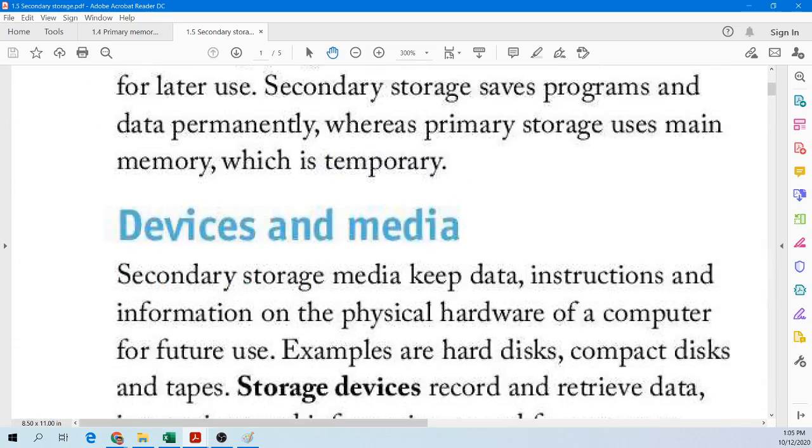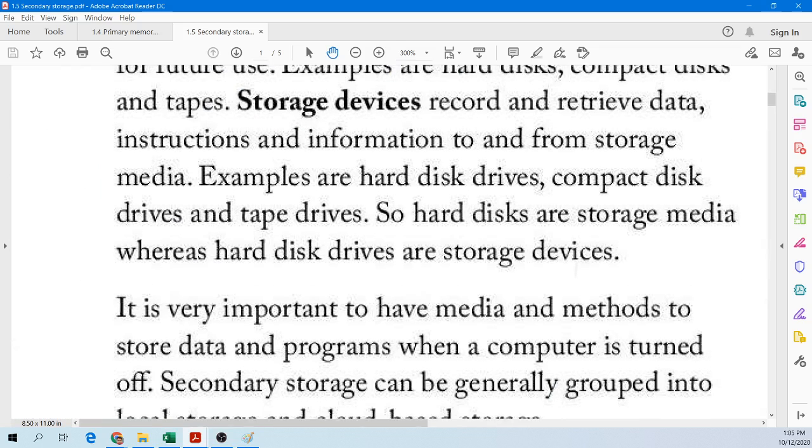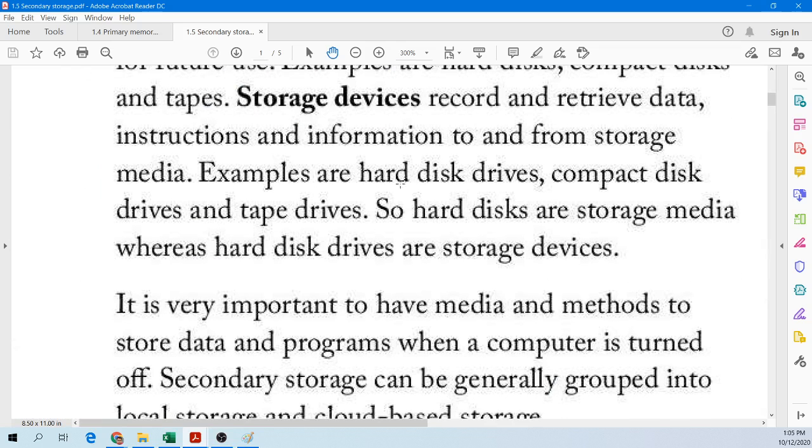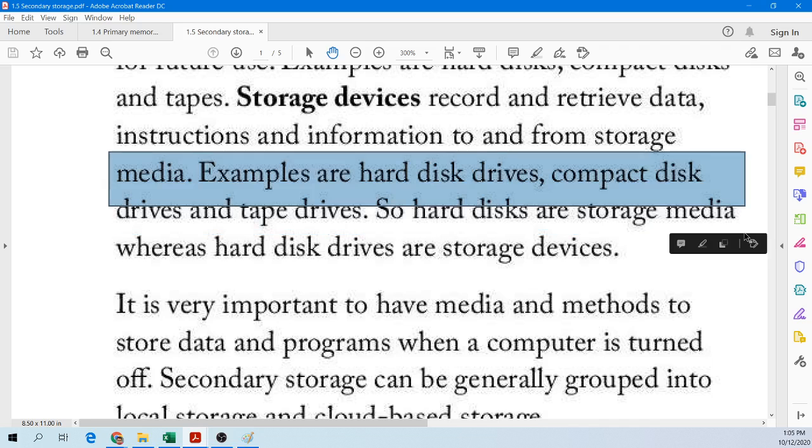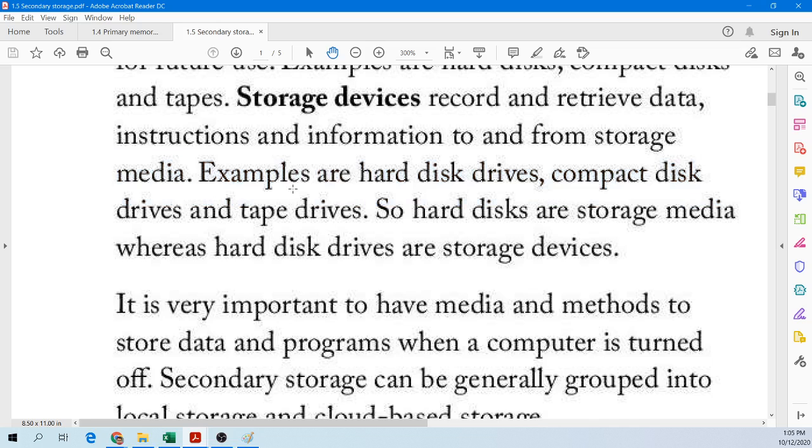Something I forgot to mention is that if you look here, it says that examples of a storage device would include hard disk drives, compact disk drives, and tape drives. Notice they all end with the word drives, because that's basically what we call a storage device, a drive.